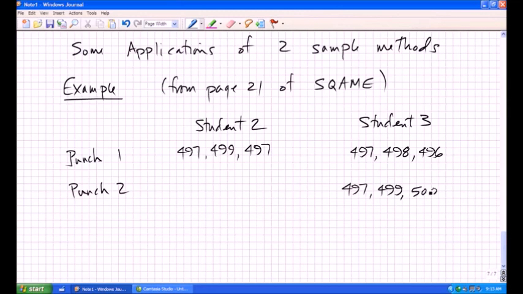The units here are 10 to the minus third inches, so these punches were about half an inch tall.